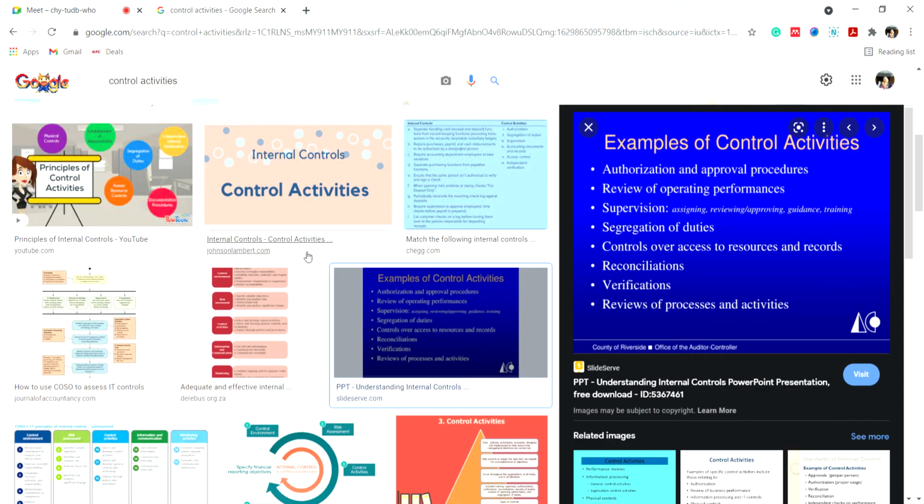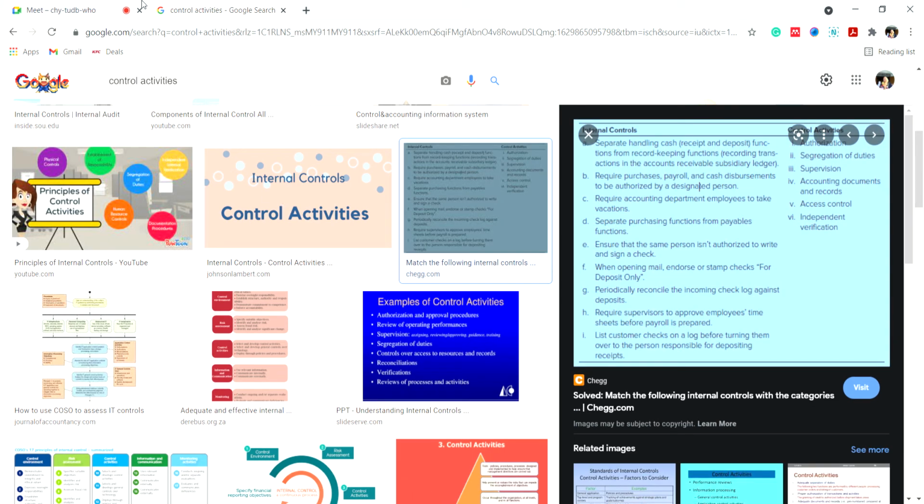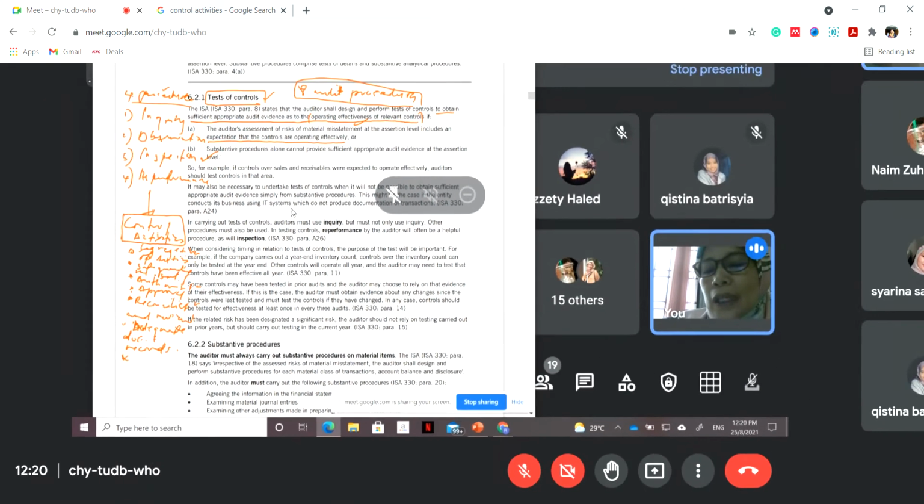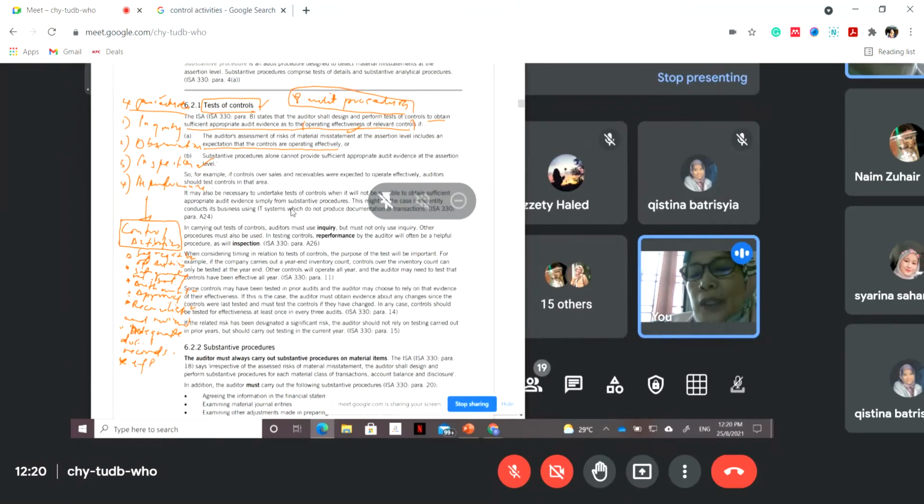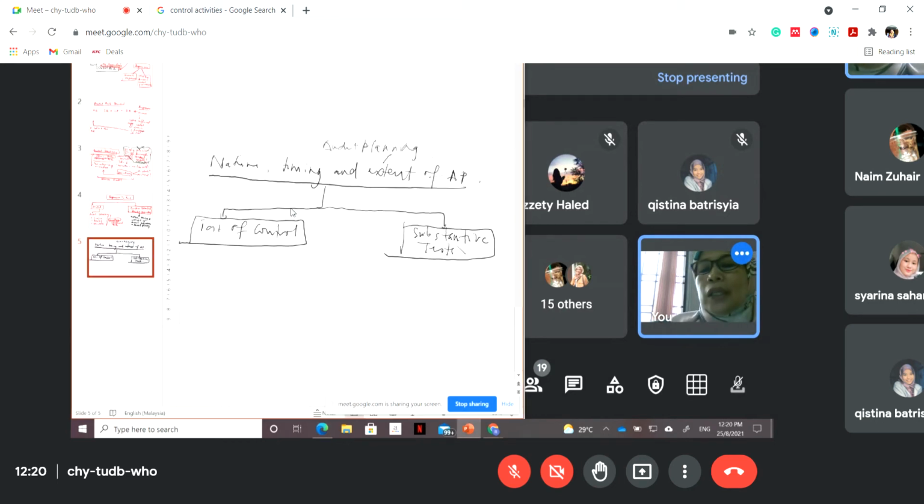So when the control activities are effective, this one effective, it means the control exists. Okay, I will put it in the PowerPoint. So when you perform the test of control, you want to achieve whether the control is effective.